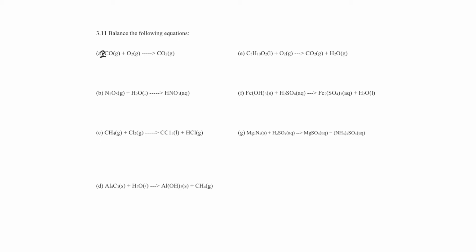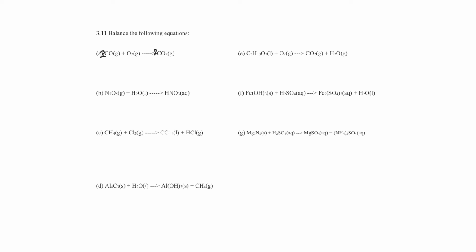I'm going to come on this side and have 2 of those. So now my carbons are okay, 2 carbons, 2 carbons. I've got 2 times 2 is 4 oxygens on the right, and on the other side, I have 2 plus 2, and that's fine. So it's going to be 2 CO plus 1 O2 yields 2 CO2.